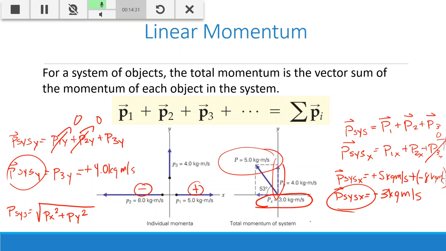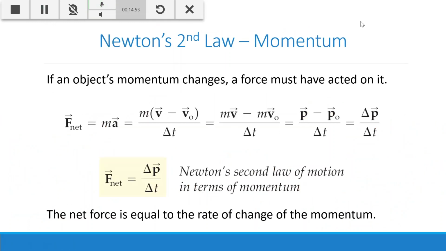And then you could calculate the angle theta as tan to the minus 1 of Py over Px, and that's where the 53 degrees comes from. So you could find the total momentum of that system of particles. Okay, and they can be moving in 3 dimensions, not just 2 dimensions.